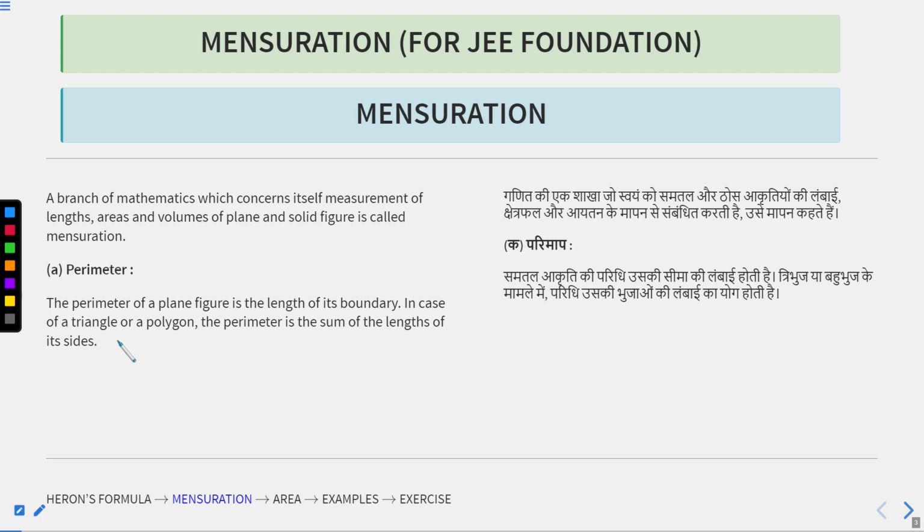Whenever you come across buildings, or if someone is trying to build his house, he requires various things, such as cement and bricks, and according to how big he wants to build his house, he needs the supplies. So if you see from that perspective, mensuration plays a role.